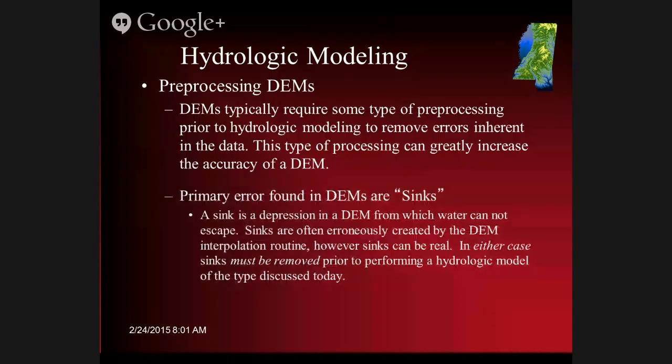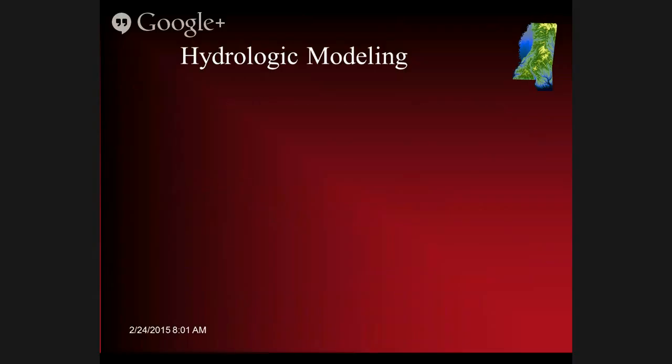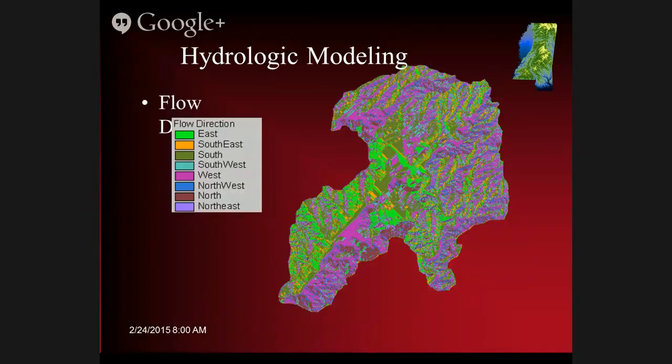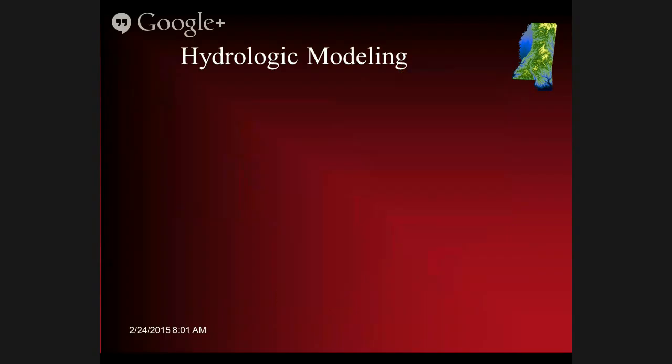The next step after you pre-process, after you create your digital elevation model, is typically to take it right into flow direction. But if you do that, there's going to be some issues.